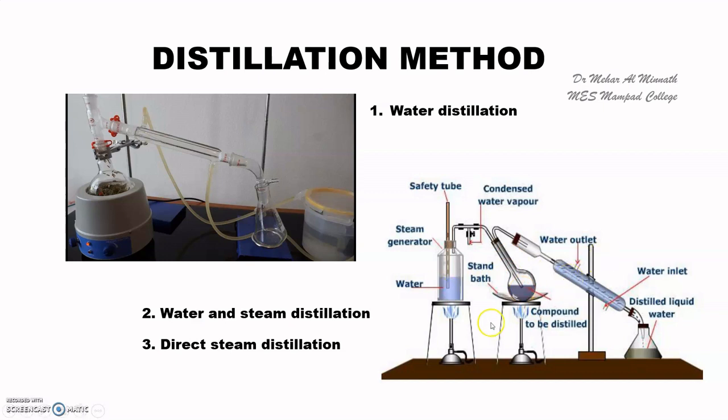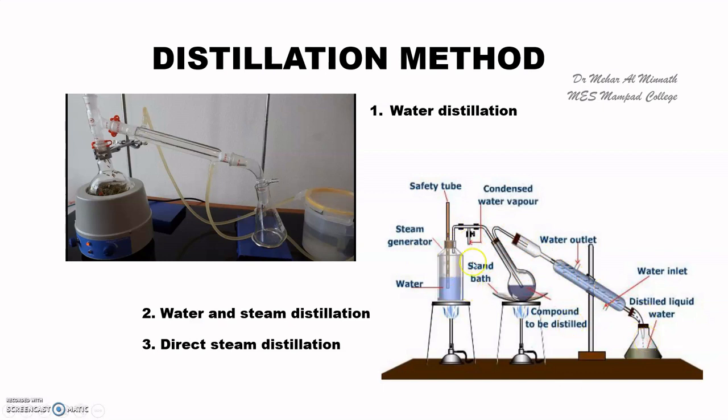You don't boil it here. This burner will not be there in direct steam distillation. You'll be passing the steam from a satellite steam generator, and the steam is passed into the plant material in the still or the RB flask, and then the steam and volatile essential oil will be passed through the condenser and will be collected here.